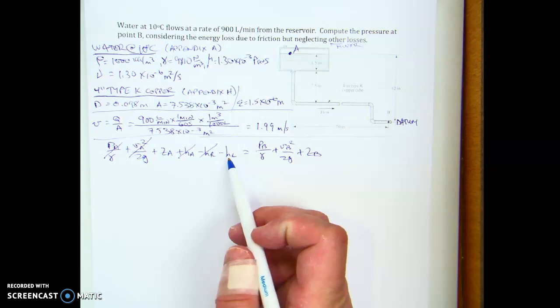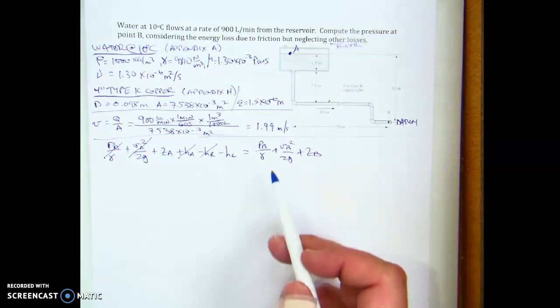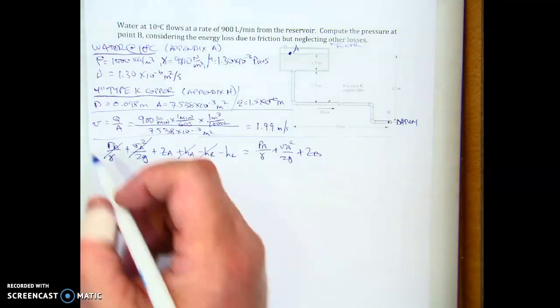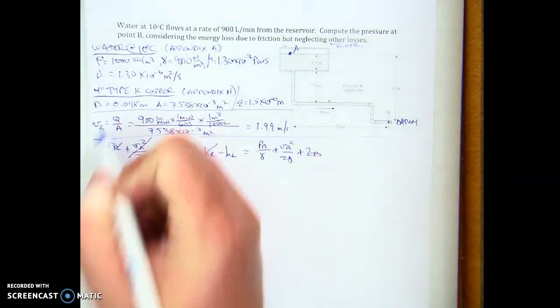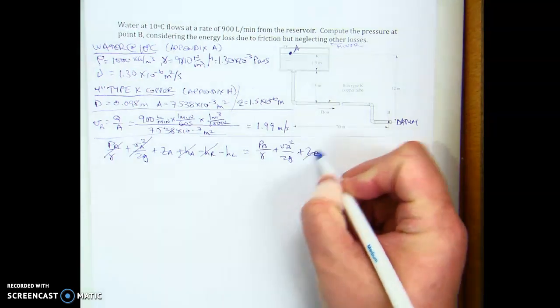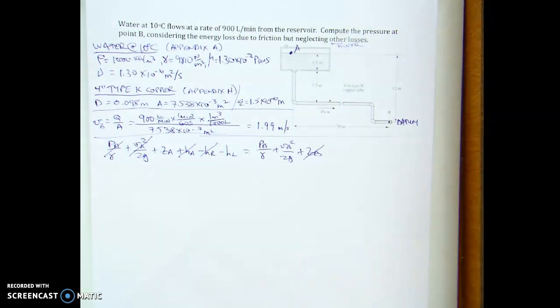And HL is going to be the friction that we're going to have to calculate. PB is what we're interested in. V, which actually here is going to be VB, or V anywhere in the pipe for that matter. And ZB I'm going to cross out because we are on the datum. Okay, so let's see. We need HL.